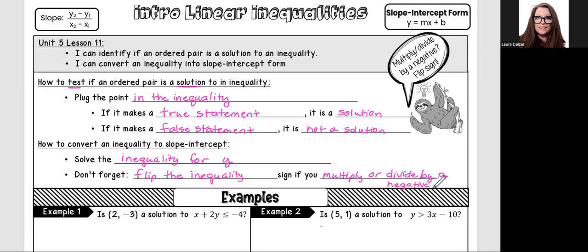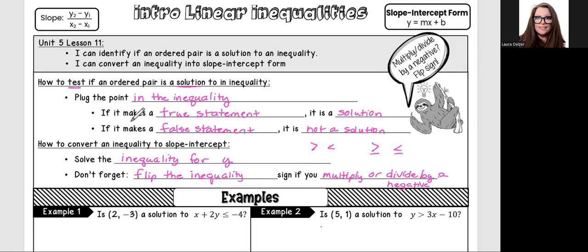And to remind us about inequalities, we can have greater than and less than, and greater than or equal to and less than or equal to. Those are our four choices in these kinds of problems.